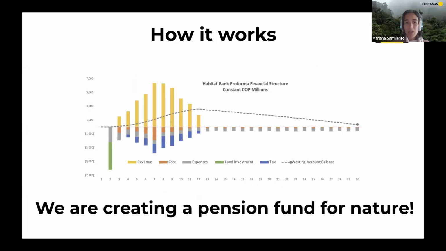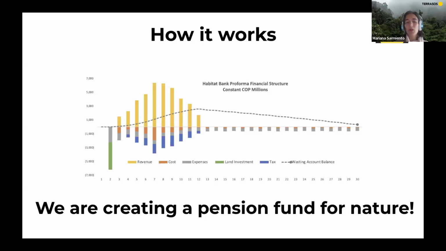But at the end, a percentage of each sale, which can be between 10 to 40%, depending on cash flow needs, will go into a sinking endowment. And that endowment will begin to fill until the last day that we have sold TEBUs, so that the project has enough money to function for 30 years.